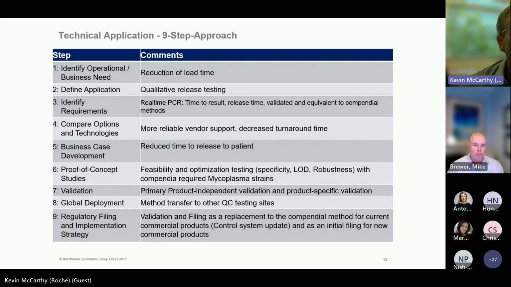Identify the requirements: so we're using real-time PCR, and the time to result, release time, validated and equivalent to compendial methods. That is all covered in the URS. And then for the business case development, there's a reduced time to release to patient, which is important from a business standpoint. Steps 4, 6, 7, 8, and 9, I'm going to go in depth on in the following slides.